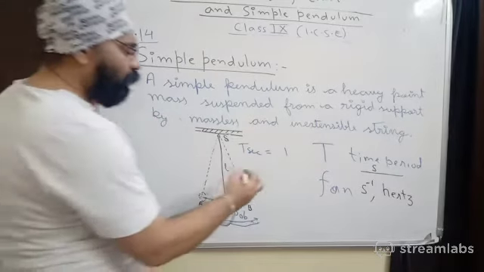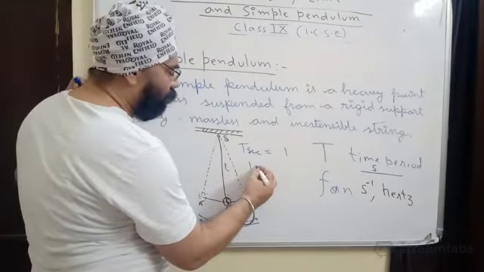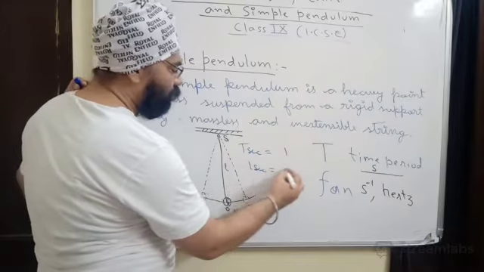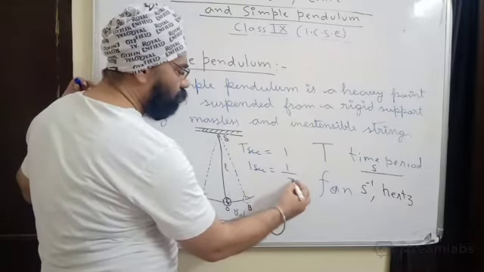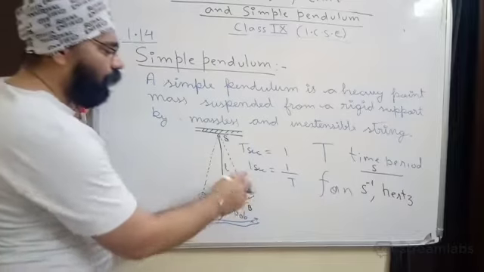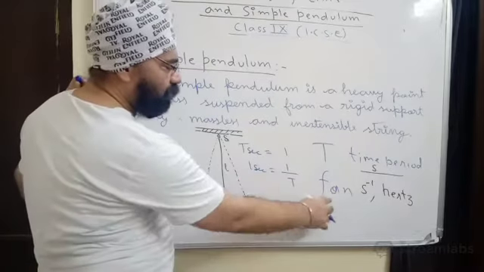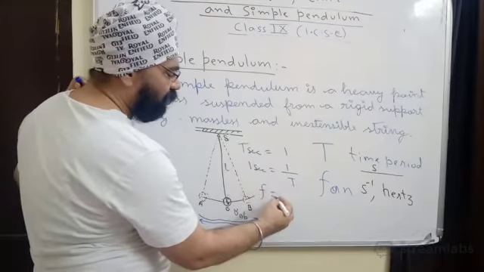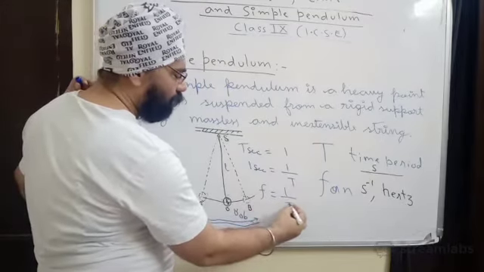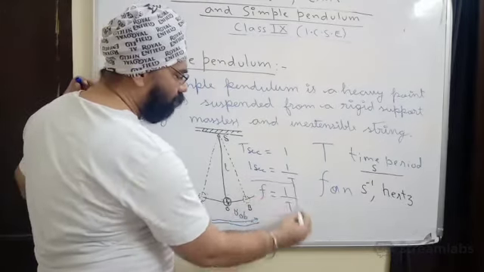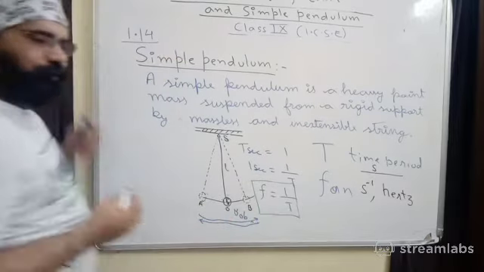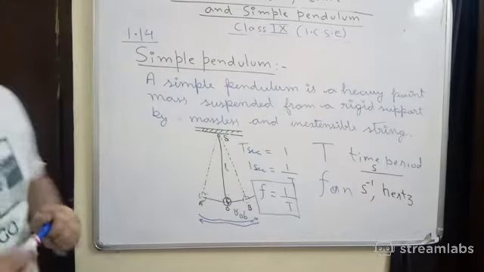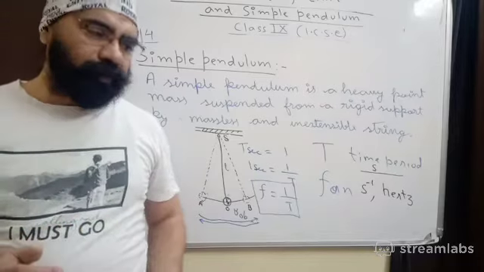So how many oscillations will it complete in 1 second? Then it becomes unitary method, 1 by T. And we know that the number of oscillations which it does in 1 second is the frequency. So the frequency becomes the reciprocal of the time period. That's the relationship.